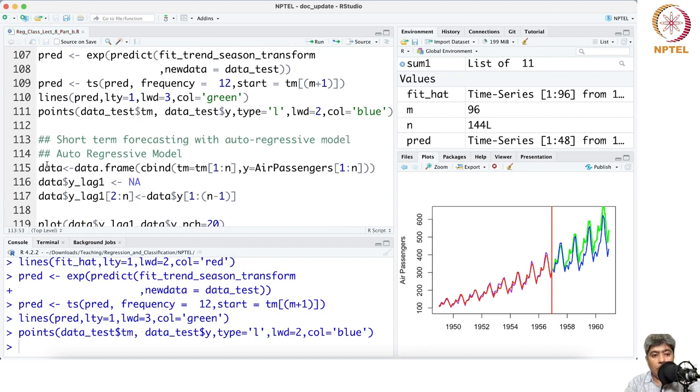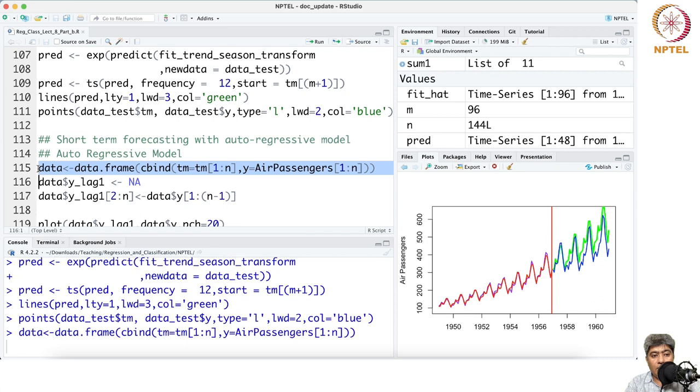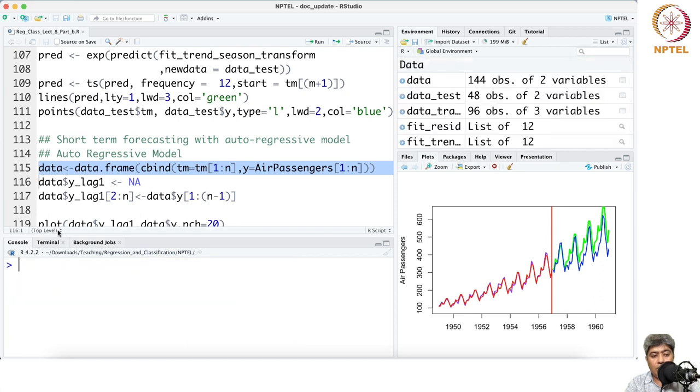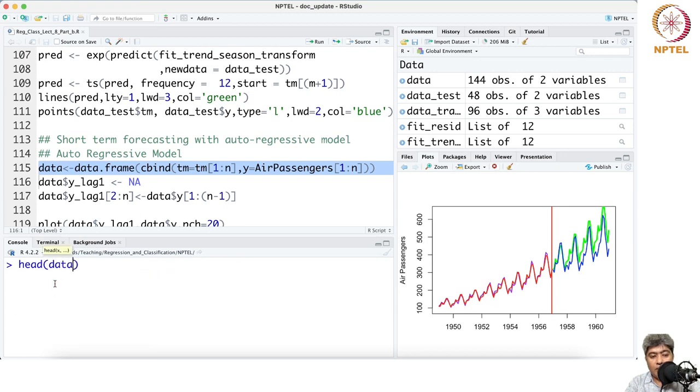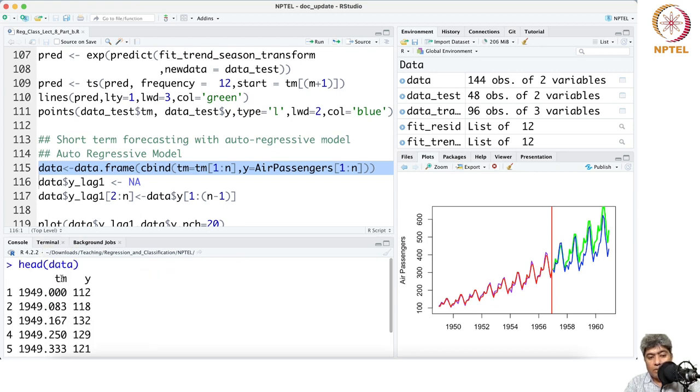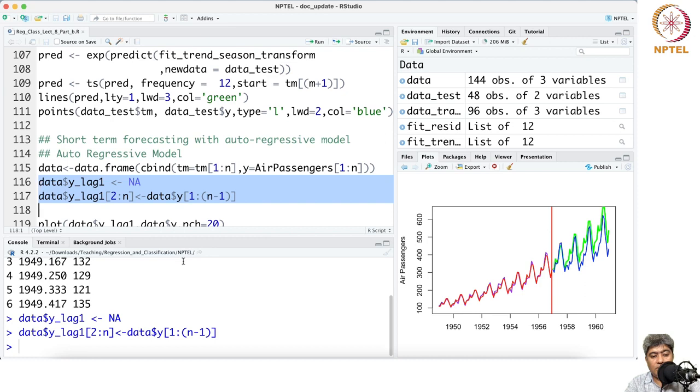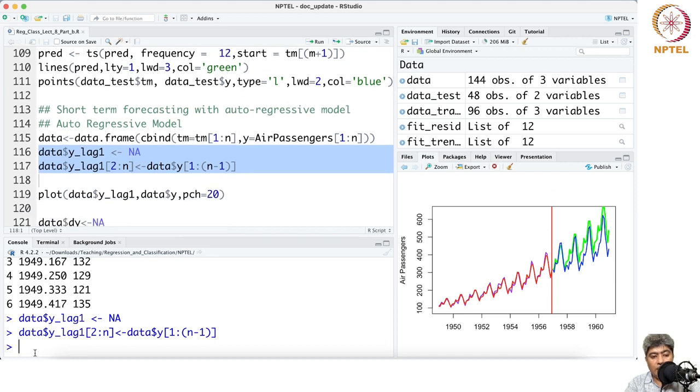Okay, so here is the data, the simple basic data that we have: time and the y. Then we take the lag ones. Just created the lag ones.